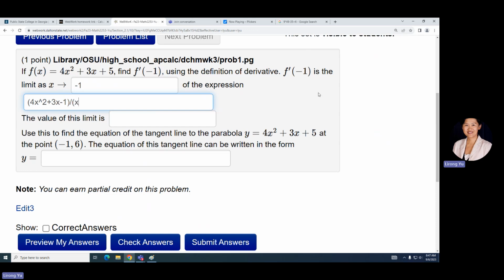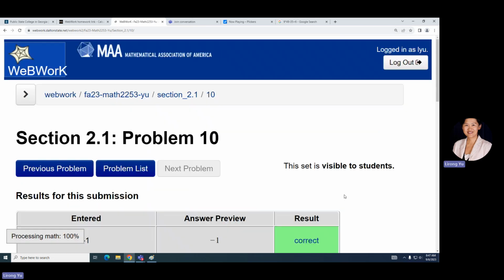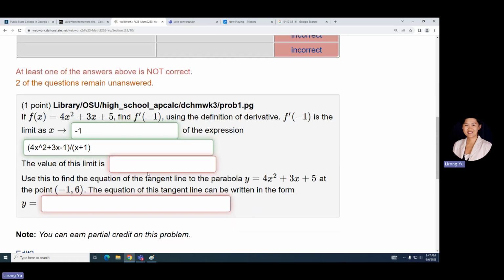The denominator is x minus -1. So far, so good. Then we're supposed to calculate the limit of this expression. That's really the derivative, which can be calculated using the original definition. You can use this one or you can use this one. Since we're already here, let's go ahead and calculate it.